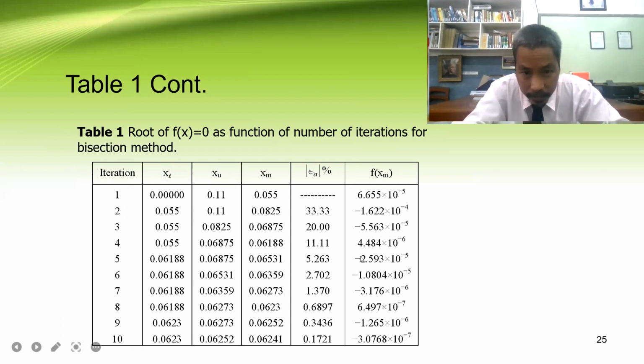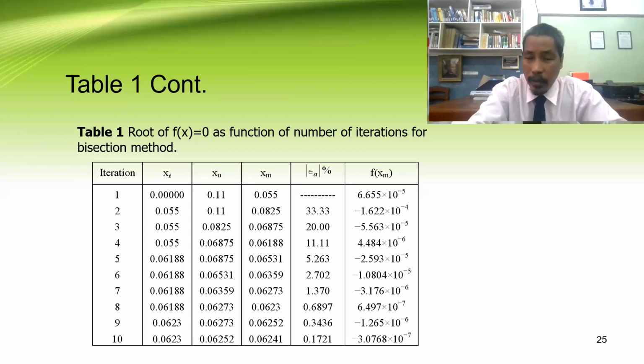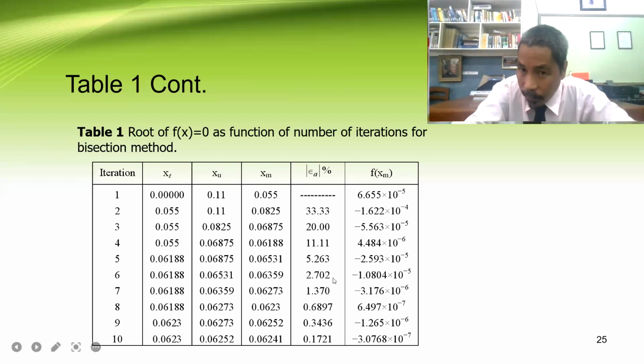As you can see, the absolute relative approximate error became smaller and smaller, and at the 6th iteration we now have one significant digit correct here, because it is less than 5. What do you mean by that?